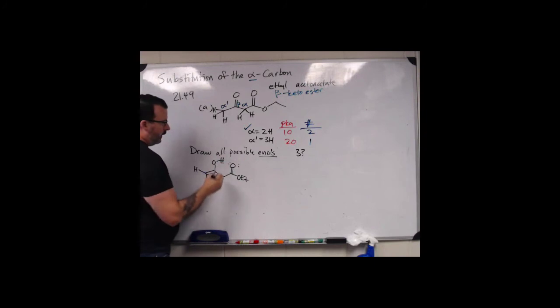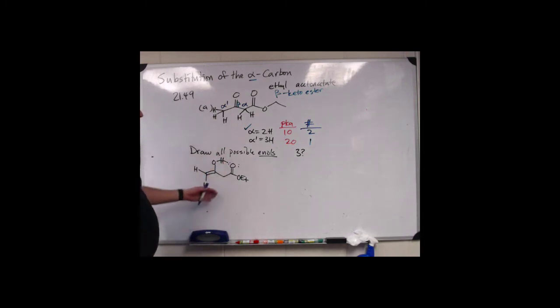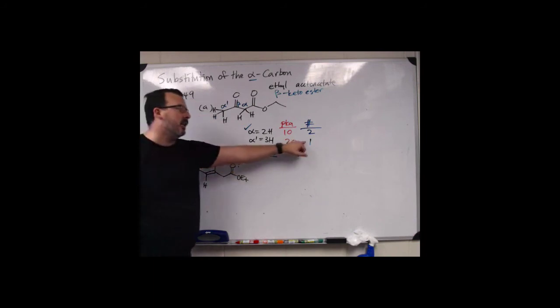So that's why I'm drawing it like that. That means H bond. So no matter which hydrogen you abstract, this is going to be the enol that you form from the alpha prime carbon.